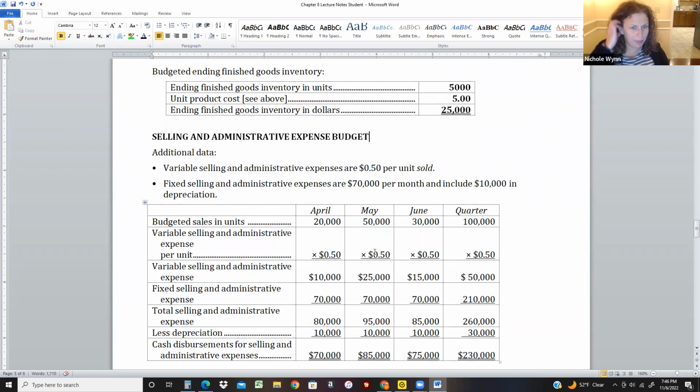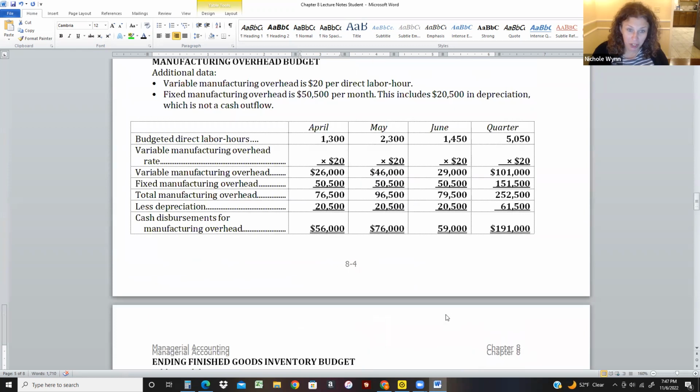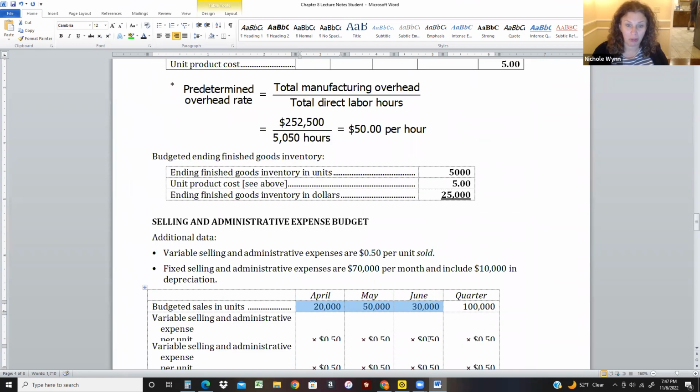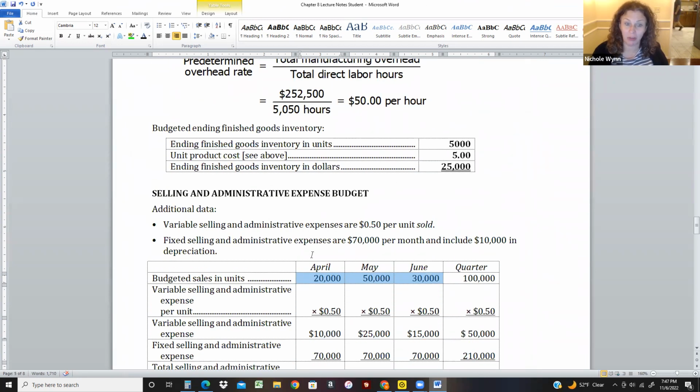For the selling and admin budget, I did this one for you. And that's because it's very, very similar to the overhead budget. So what we got here, though, is units sold. This is not units produced. Units produced was 26, 46, and 29. But units sold, selling and admin expenses are based on the units sold. So 20, 50, 30, and the variable portion is 50 cents a unit. Maybe that's like a commission.